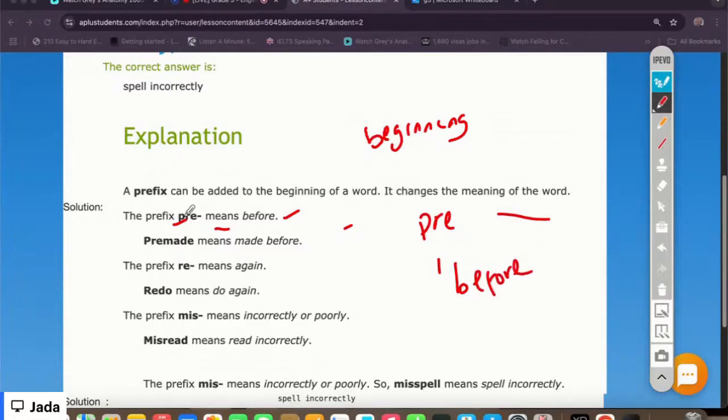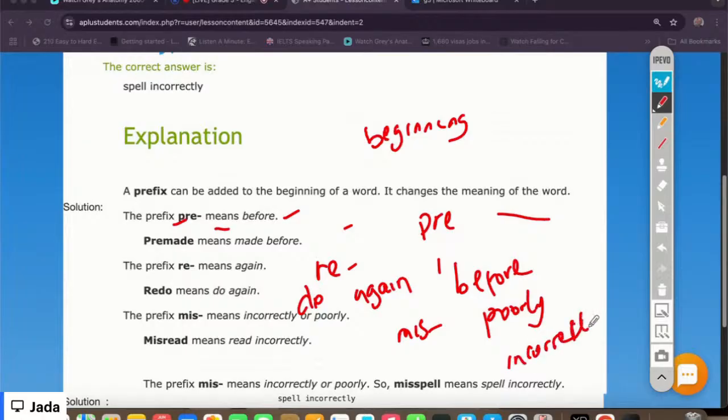All right, so as I said, the prefix pre means before, and the prefix re means again. It's simply saying do it again if you say re. Then we have mis. Mis means poorly or incorrectly. So you know the different meanings of the prefixes re, pre, and mis.